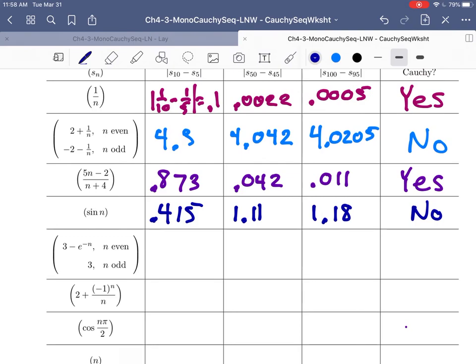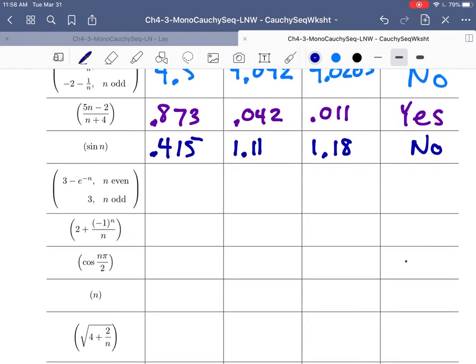But we can't guarantee that everything is going to be less than epsilon past a certain point. All right, we'll go through one or two more of these examples, and then I'll let you try the others on your own.